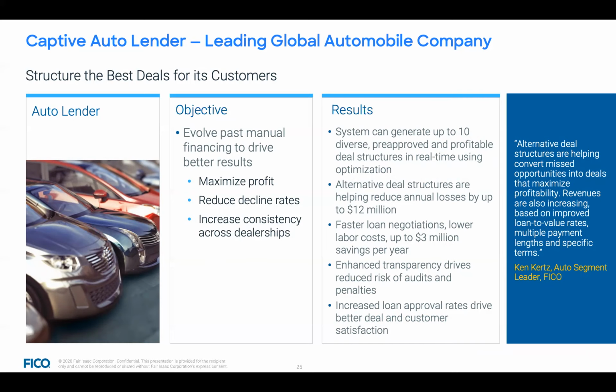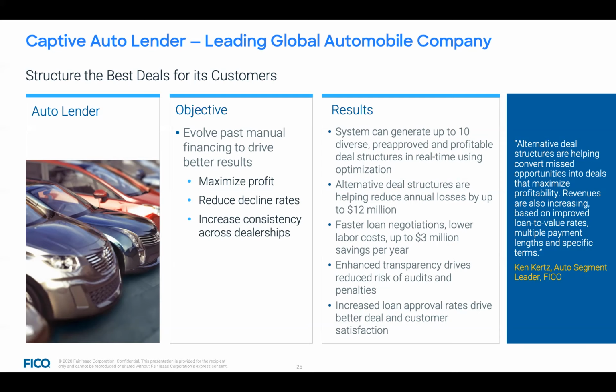So they asked us to set up a little optimization, which runs in real time, and for those initially declined customers, we want to have 10, in this case, very profitable, approvable loans with alternative deal structures. So we might have changed the loan amount, we might have adjusted the term, we might have adjusted the repayment terms, whatever. And this is the outcome of a real-time optimization.